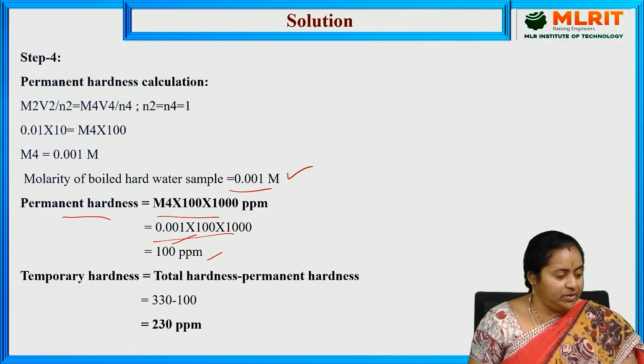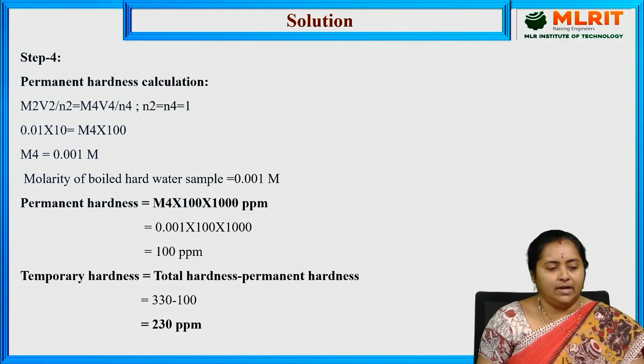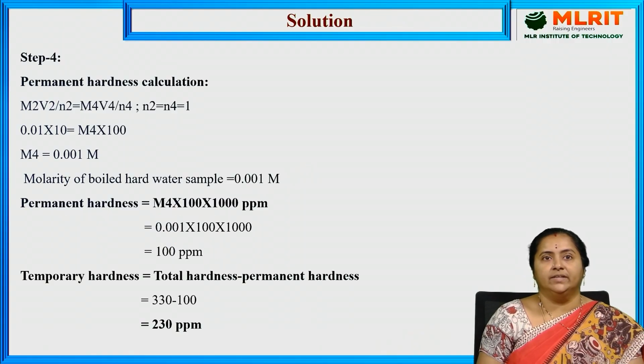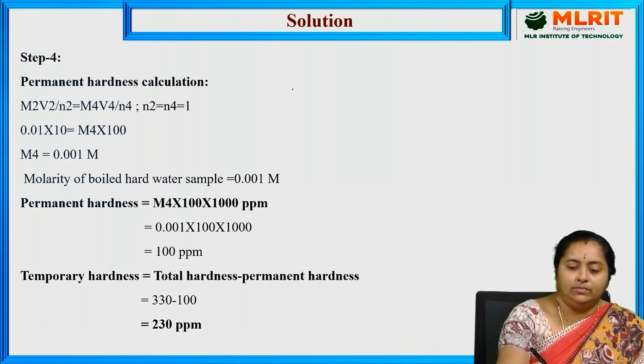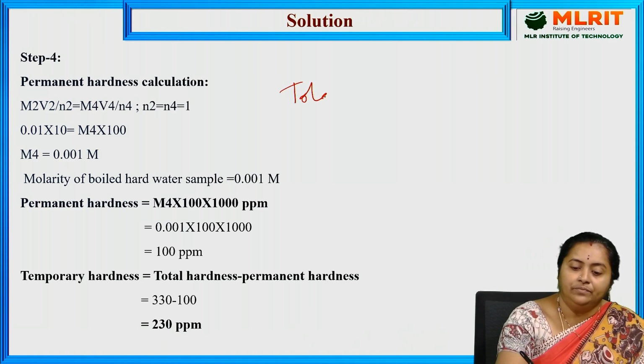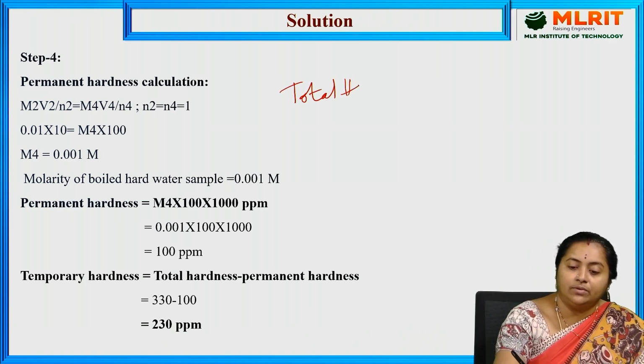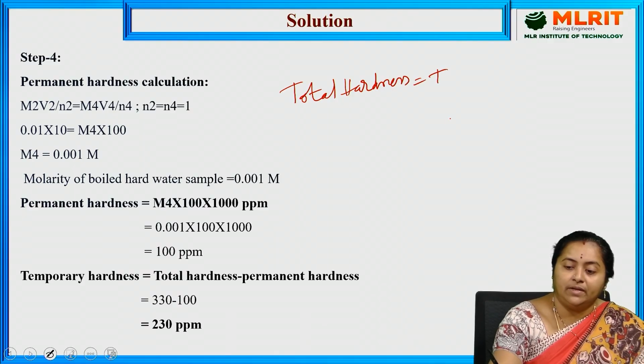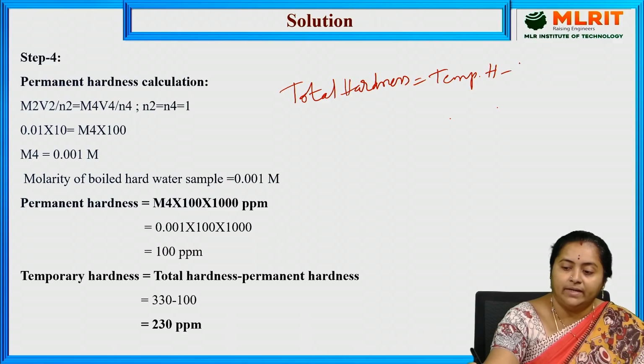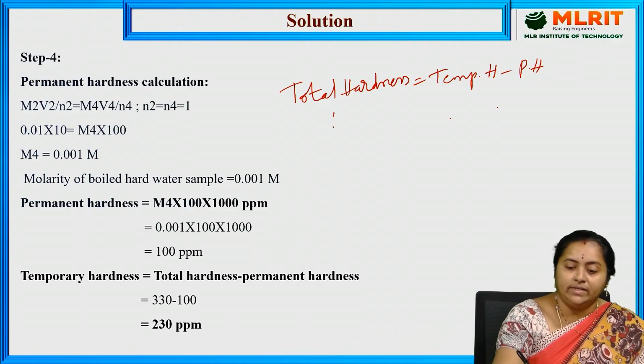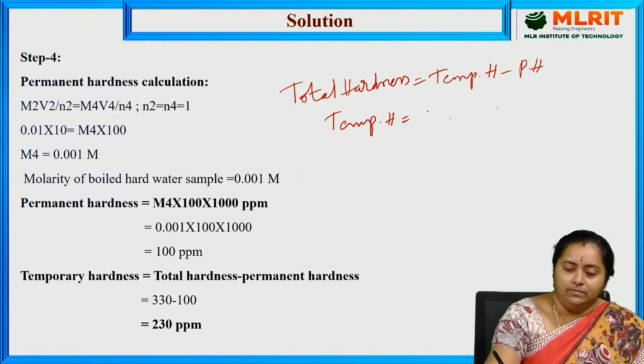So in step 3 we calculated total hardness, and in step 4 we calculated permanent hardness. According to the formula, we know that total hardness is equal to temporary hardness plus permanent hardness. So what I need is temporary hardness.